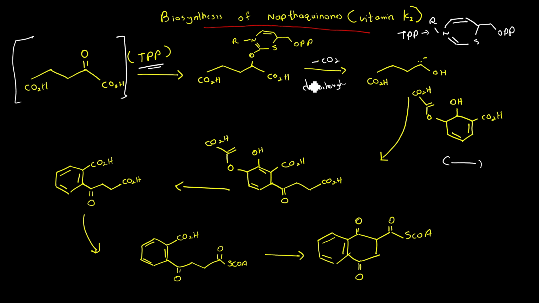So decarboxylation happens, and we introduce an OH group instead of the carboxyl group. This carboxylic group is removed, and instead we introduce an OH group. When this reaction happens, after this product forms, the TPP group will be removed.